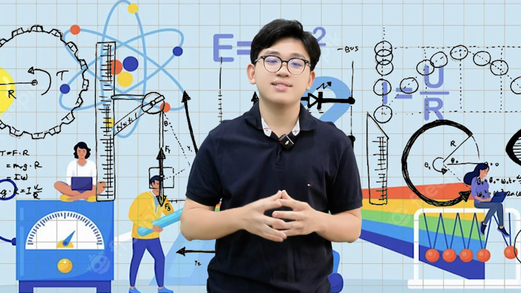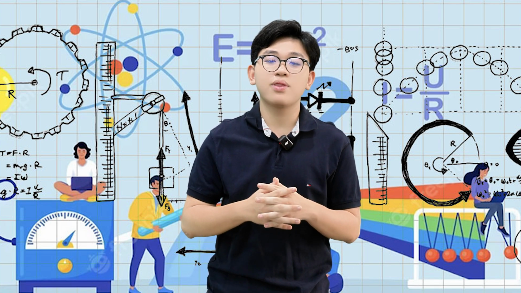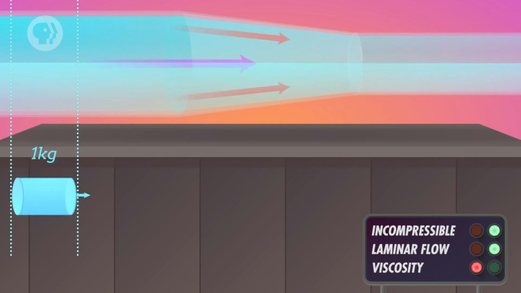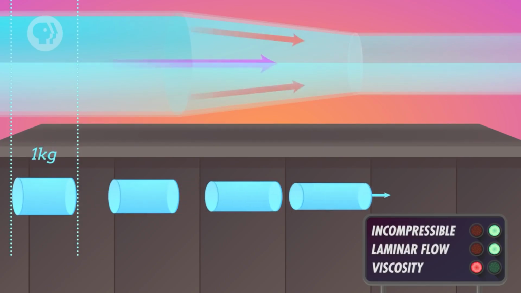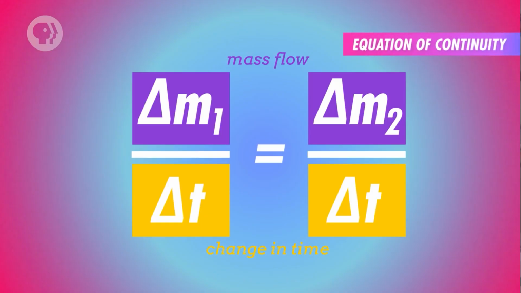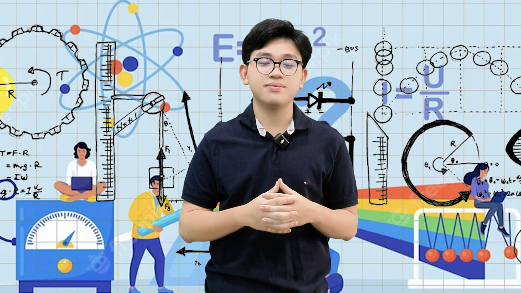This is known as the mass flow rate. It's the amount of mass moving through the pipe in a given time, and it's the same everywhere in the pipe. Now, think of it like this. If you have 1 kilogram of water passing through a section of the pipe every second, the same amount of water has to flow through every other part of the pipe. This is called the equation of continuity.